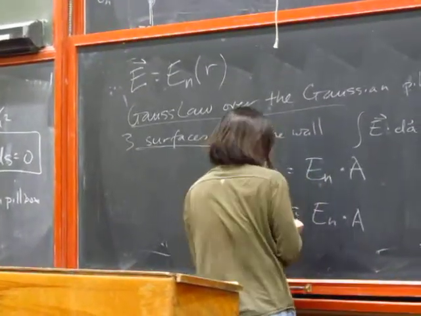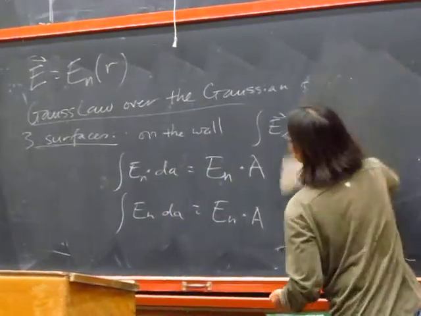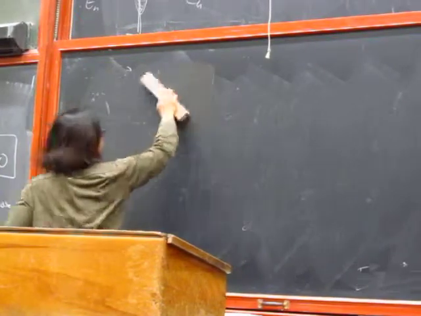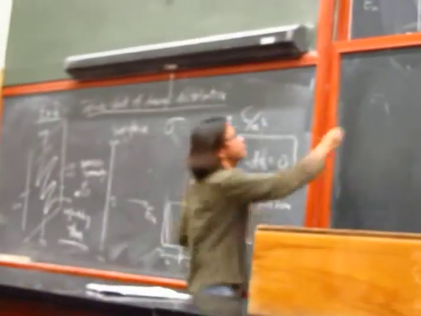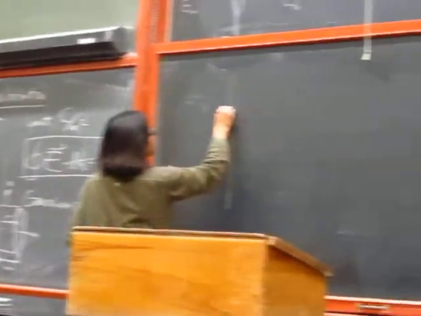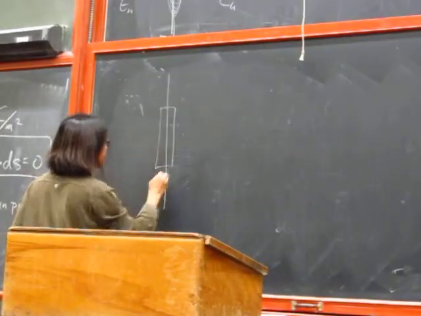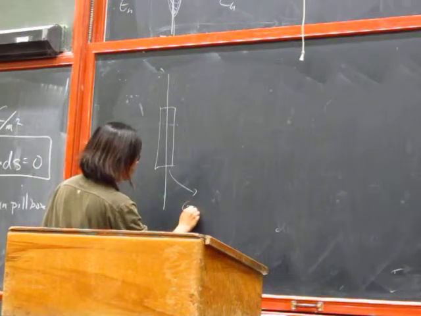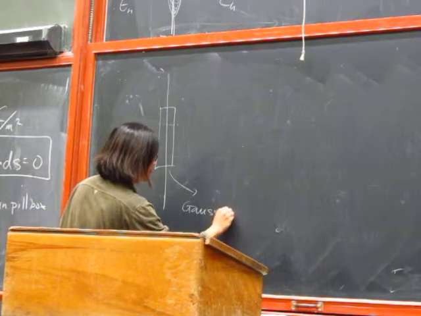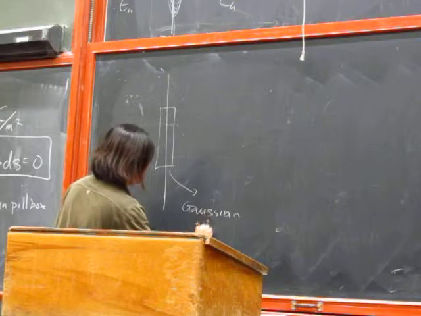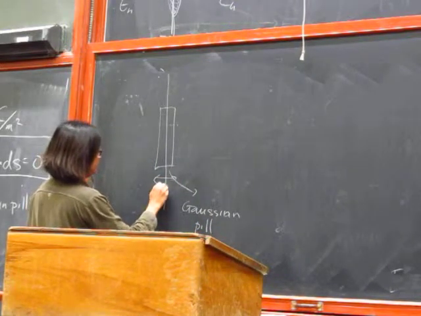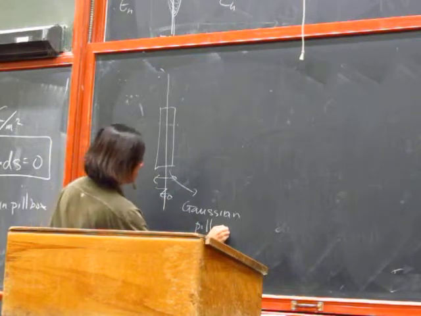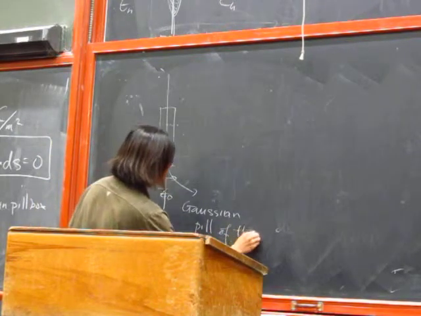Now, this doesn't have to be an idealization, right? Notice that in this problem, I can make the Gaussian pillbox as thin as I want, with some thickness.